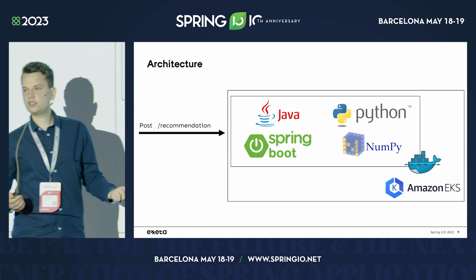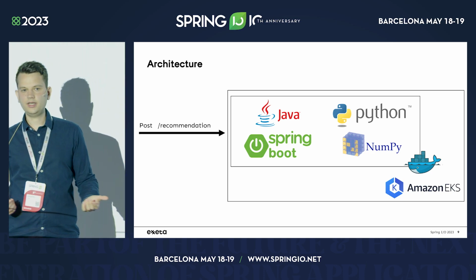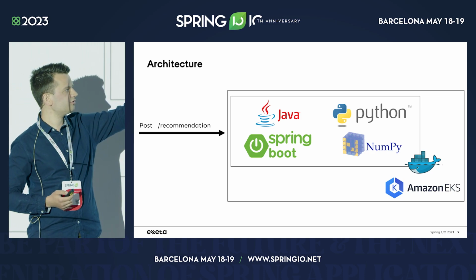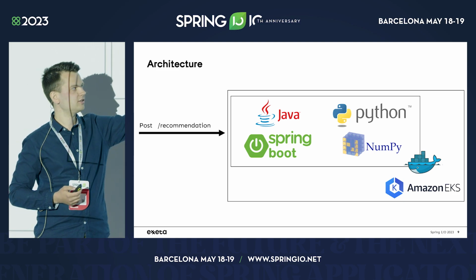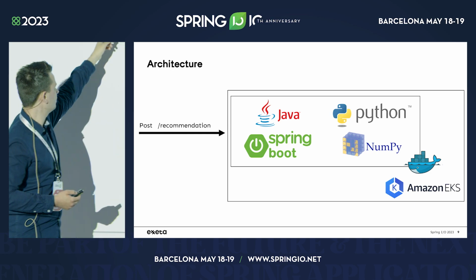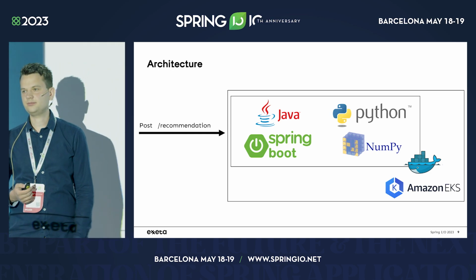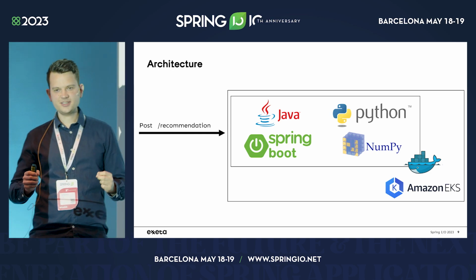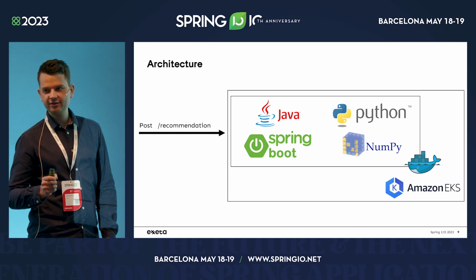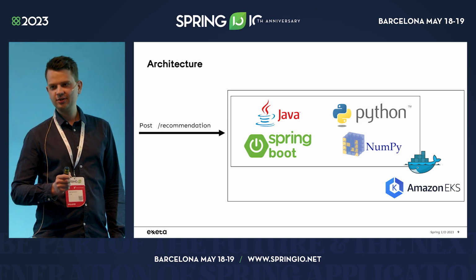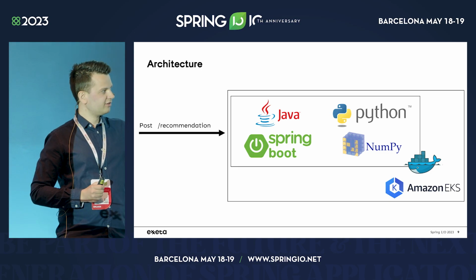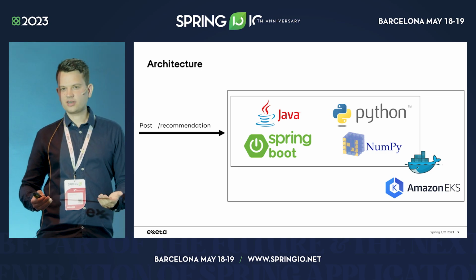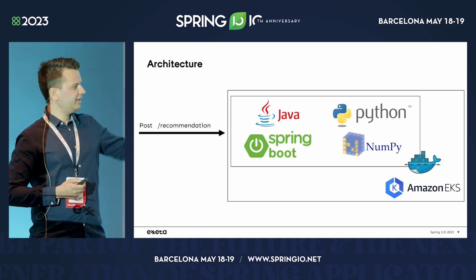And finally, we don't have the network traffic overhead, because we can just call the Python function from Java and return again the results back in Java and return it at our endpoint. And this is exactly what GraalVM allows us to do. So based on GraalVM, we can use the Python function like a Java function directly in the Spring framework.